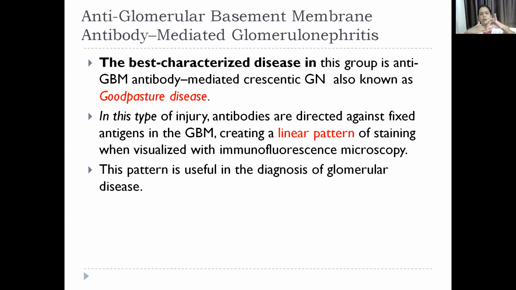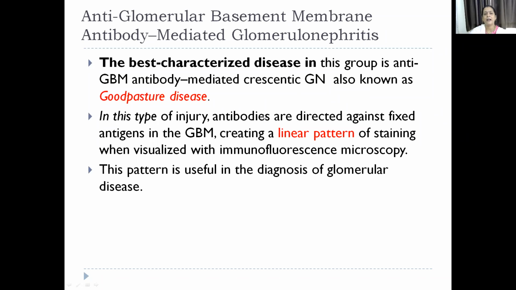The antigen antibody reaction takes place and forms an immune complex, usually associated with a disease called Goodpasture disease, where the basement membrane of the alveoli in the lungs is also identified as an antigen. It is the linear pattern of staining which is seen in immunofluorescence in anti-glomerular basement membrane disease.